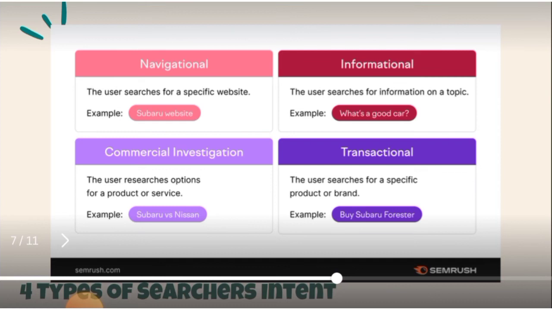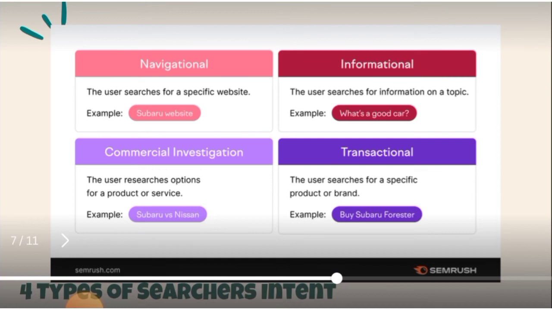So let's say I want to buy a car, Subaru versus Nissan, or whatever. Now I want to compare these two vehicles so that I would be sure that I'm making the right decision. So a searcher searches for something like Subaru versus Nissan. That searcher is carrying out commercial investigation.